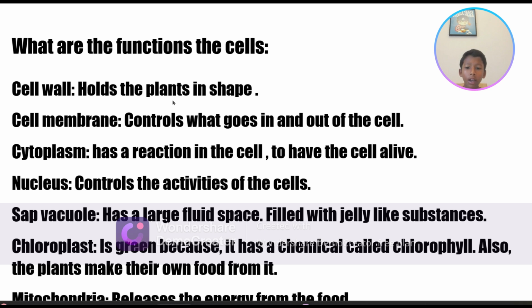The vacuole has a large fluid space filled with a jelly-like substance. The chloroplast is green because it has a chemical called chlorophyll. That chlorophyll makes the plants green. Also, the plants make their own food from it. Mitochondria releases the energy from the food.